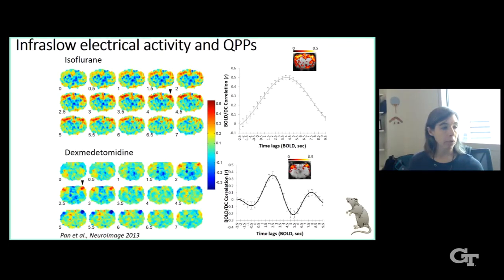And you can see it most clearly in this data for dexmedetomidine, where you start to see a bit of high correlation coming in the side, gets stronger, moves towards the medial areas, and then we start to see this negative correlation that also moves towards medial areas. And out here again, you can see a little bit of the positive cycle beginning again. So this is saying that that signal from the electrode does correlate with something sort of cyclical that's going on.